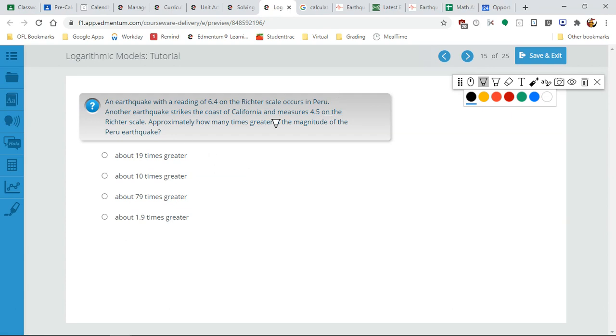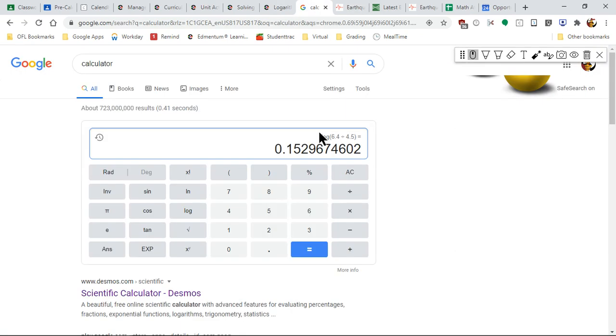Was I supposed to subtract these? Approximately how many times greater is it? The only thing I can think of is I was supposed to use the log rule where I can subtract the difference. So I can do log of 6.4 minus log of 4.5.